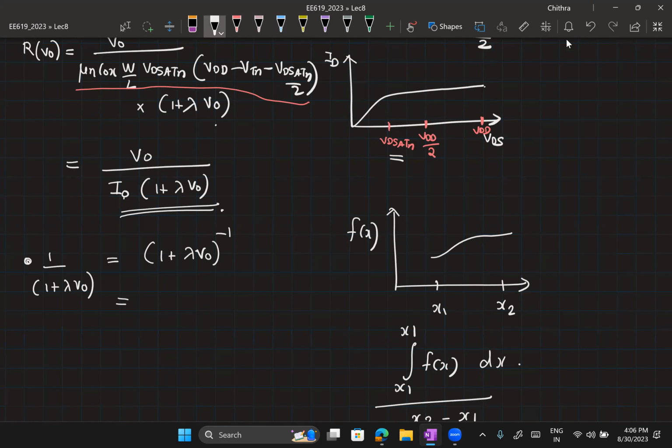So the value of lambda is very, very small. Therefore, you can write it as 1 minus lambda V naught and ignore the higher order terms.